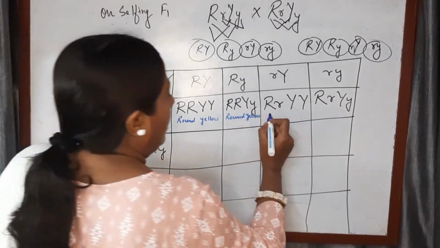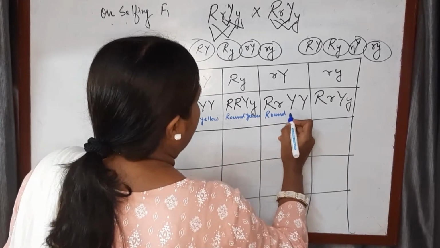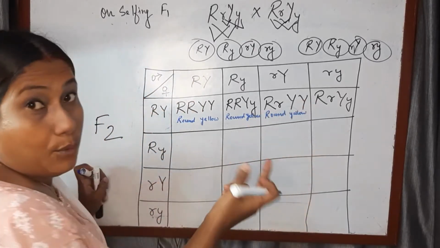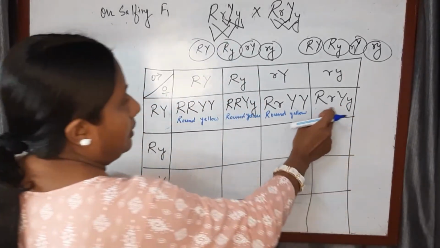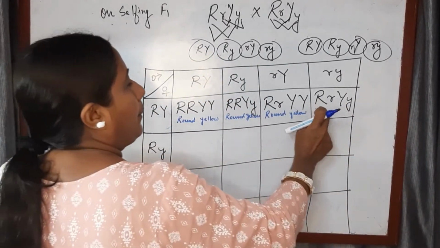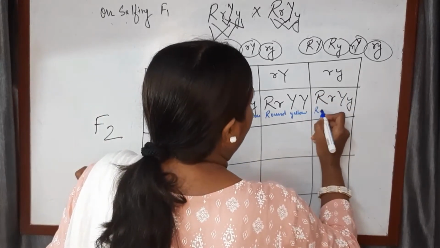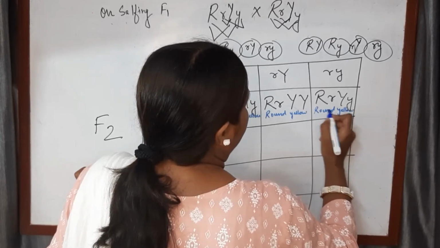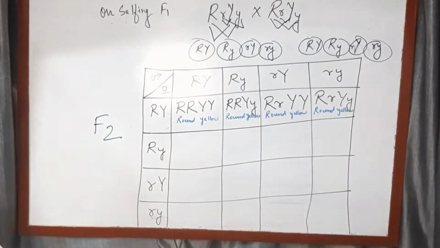Because only one R is small, the other is a capital R, so it will always express itself, being dominant. Both Y are capital, so both are dominant. Here also, this is the heterozygous condition: capital R, small r, capital Y, small y. Though heterozygous, the dominant trait will express itself, so round yellow. This is why I was telling you to maintain the sequence. You see, you are getting round yellow.